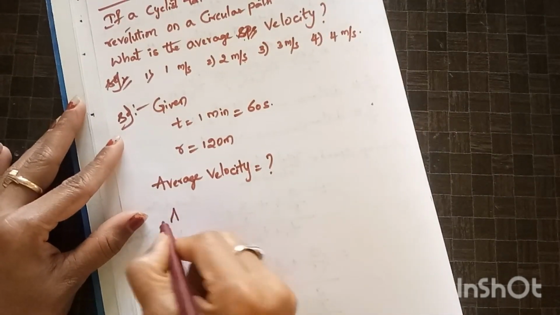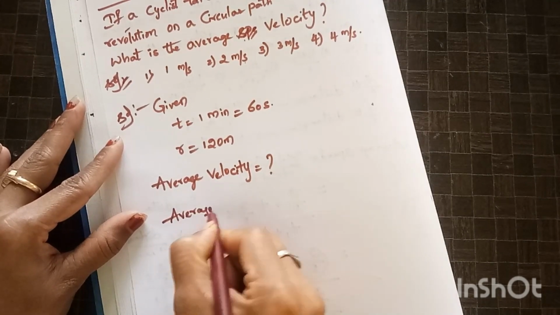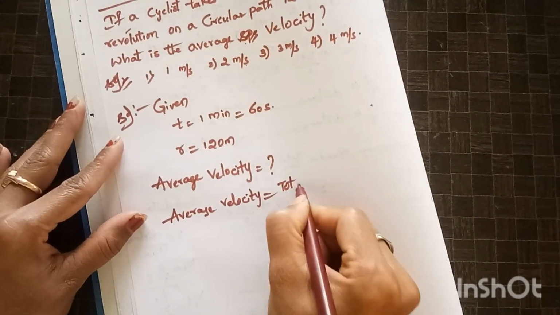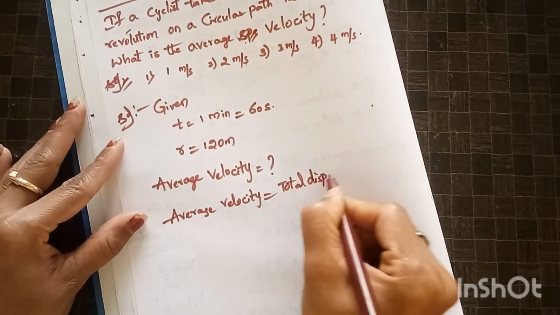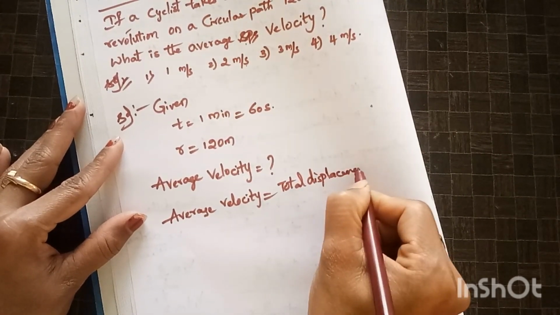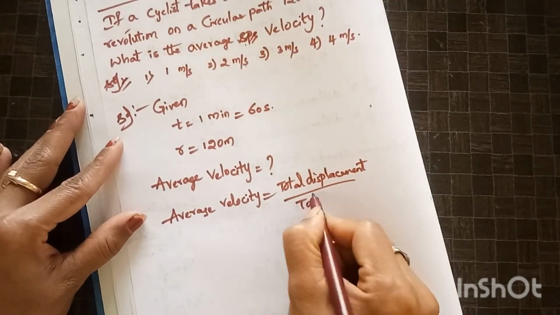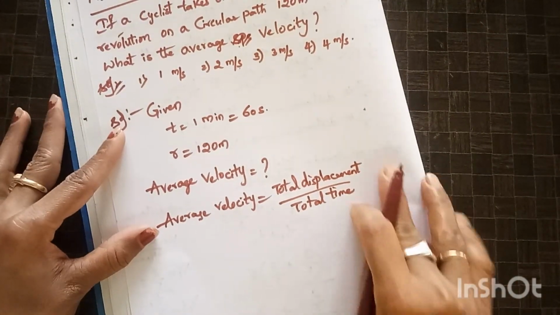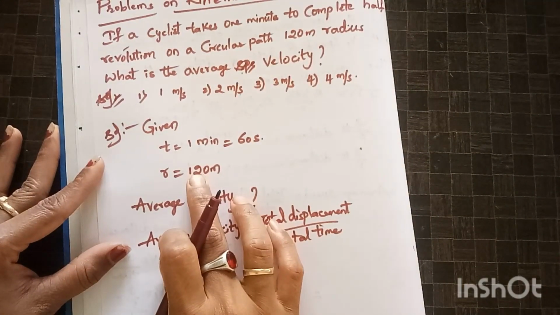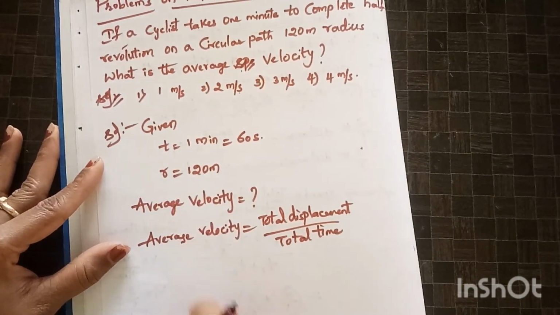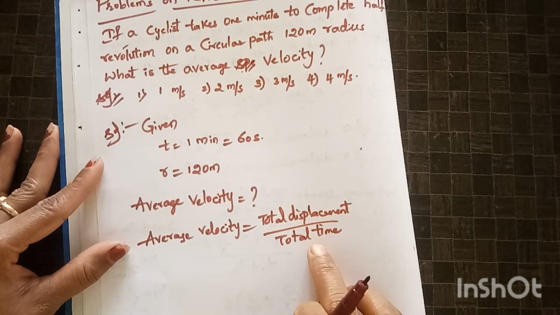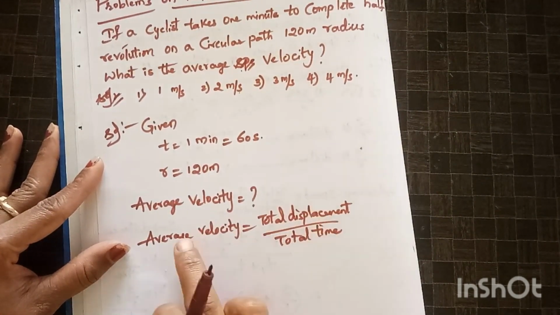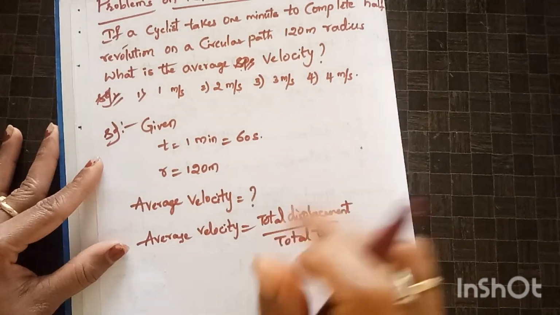We know that average velocity means total displacement by total time. So where is the displacement here? We have the time, total time is 60 seconds, but there is no displacement given to find the average velocity. Here there is a displacement.